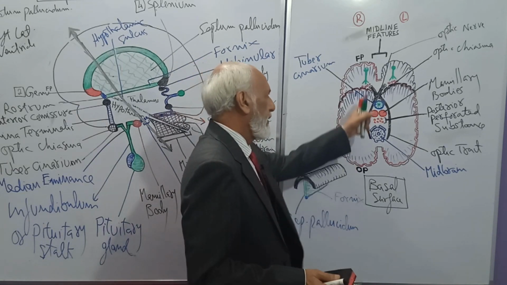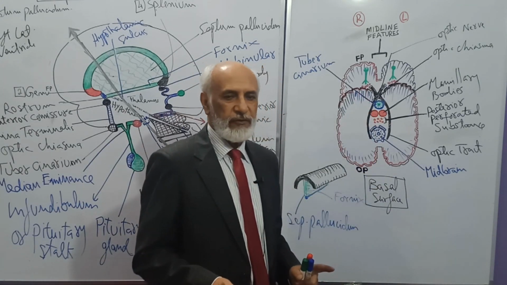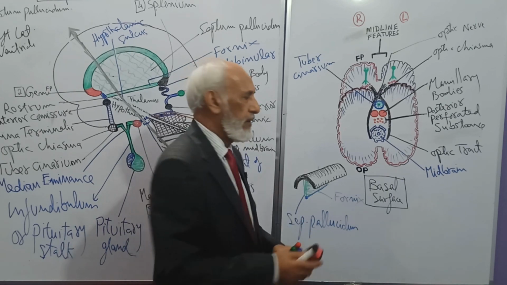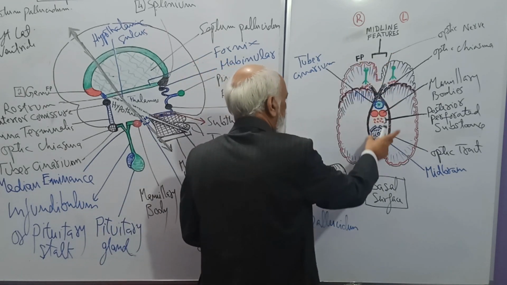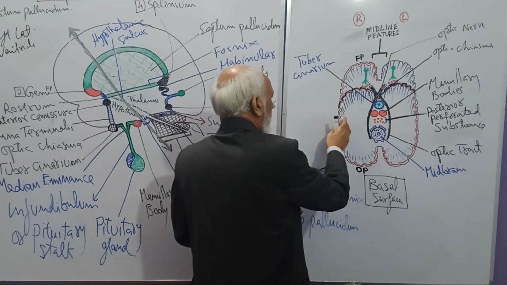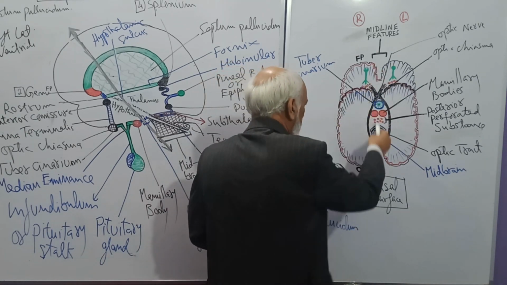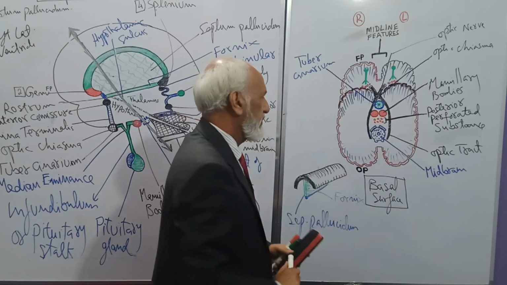Now we will discuss the midline structures on the basal surface of the cerebrum. These are the midline structures between the right and left cerebral hemisphere. Now from before backward, what are the midline structures?